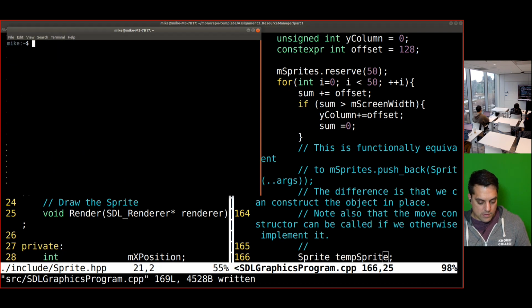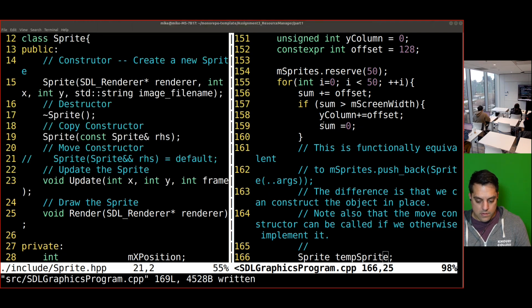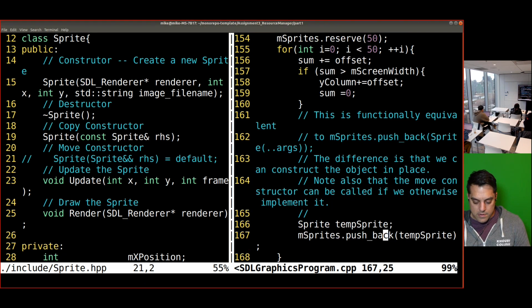You might want to go back on the temp sprite thing here, because it's not in fact creating the right sprite, right? Let's see. Yeah, I might have to do all this stuff.